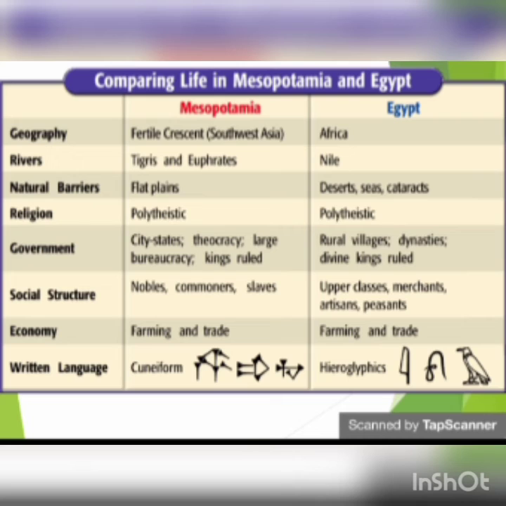The rivers which flourished were the Tigris and Euphrates, and in Egypt it was the Nile. What were the natural barriers? In Mesopotamia, flat plains, not much desert or mountainous or hilly areas. And in Egypt it was desert, and it was covered by seas and cataracts.